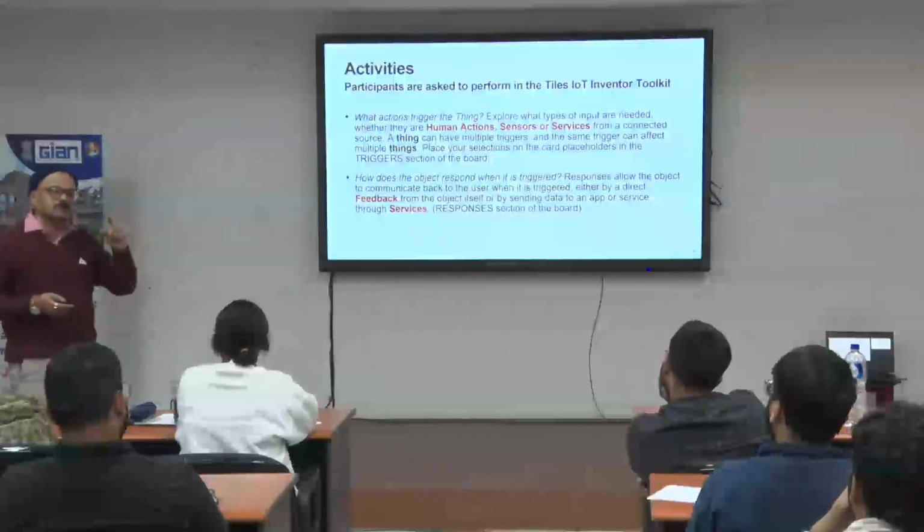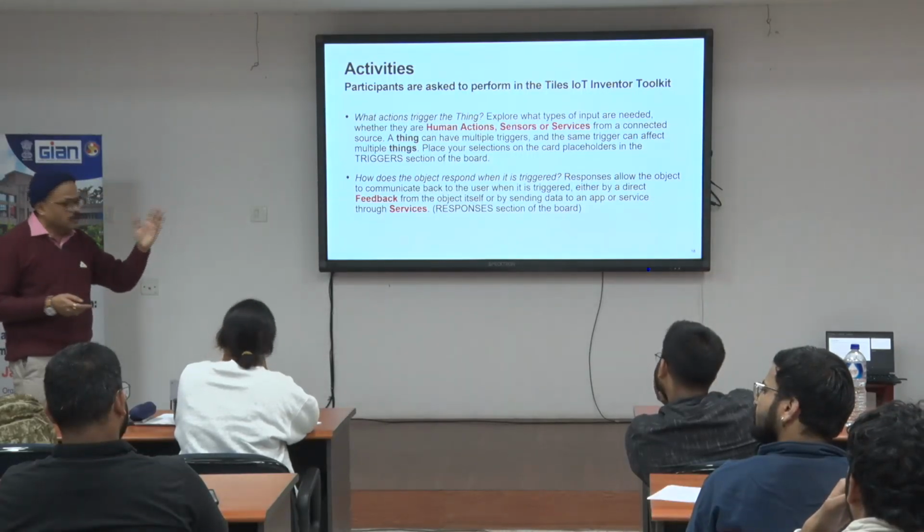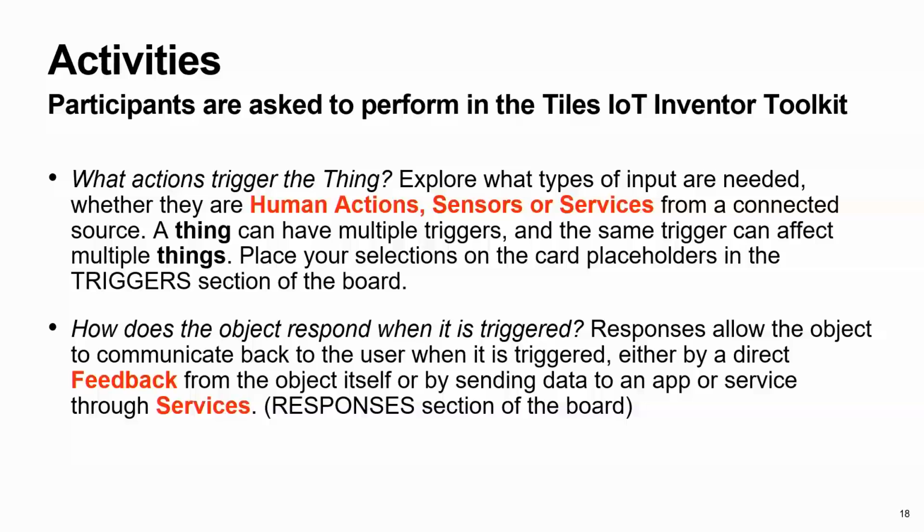So you need to very clearly talk about whether it is a human action or a sensor or a service from a connected source. A thing can have multiple triggers, and the same trigger can affect multiple things, right. Place your selections on the card placeholder in the trigger section of the board.